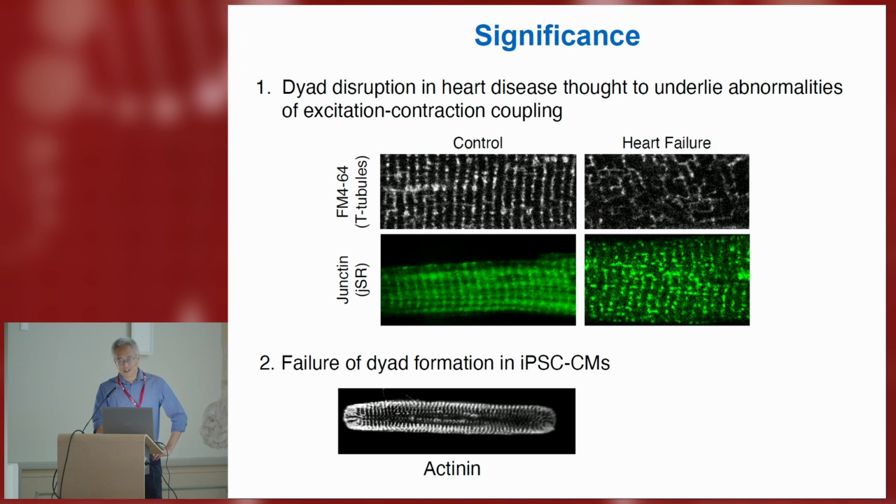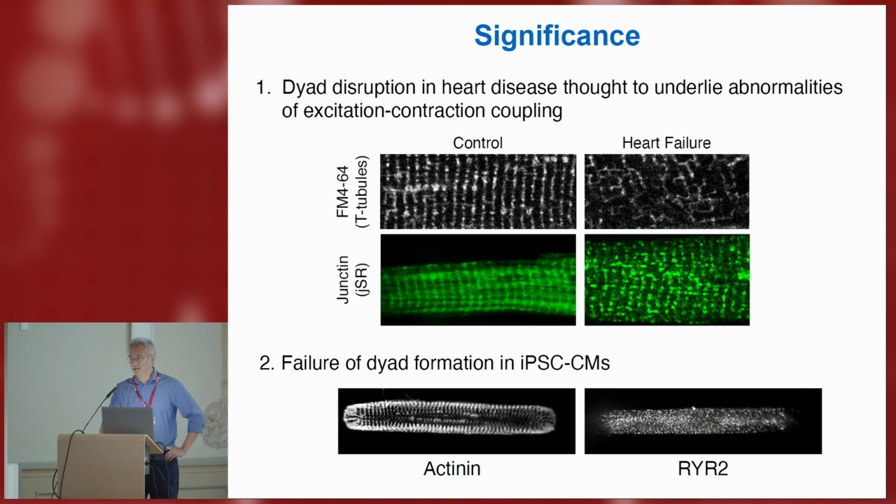So here we've micro-contact printed an iPS-derived myocyte so that it has a rectangular shape, and this really helps the cells assemble their sarcomeres so that they have well-organized Z discs. But even with this cue, you can see that the junctional SR is not organized. So there's something wrong with these cells that the Z disc cannot position the junctional SR, and so it's no surprise that they don't have T-tubules.